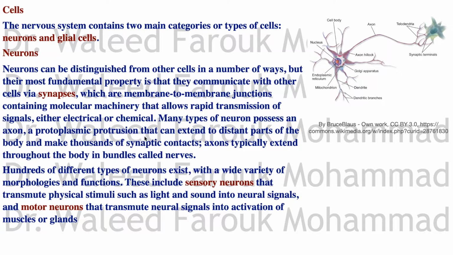Hundreds of different types of neurons exist with a wide variety of morphologies and functions. This includes sensory neurons and motor neurons. Sensory neurons receive signals from the surface of the body and inside of the body and send them to the CNS, and motor neurons send impulses to different parts of the body for different motor functions.